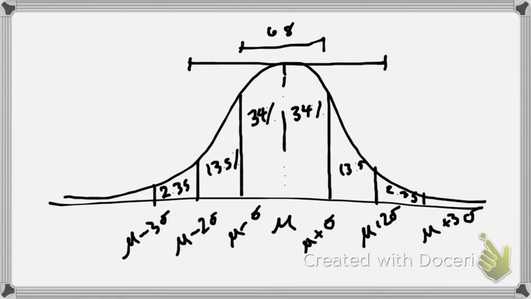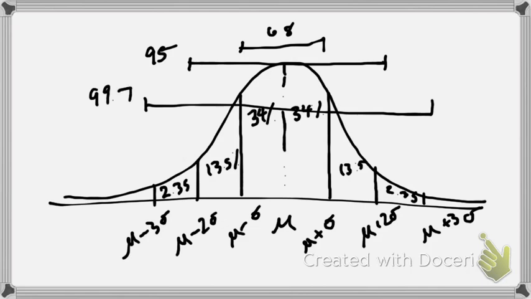This part right here makes up 95% of the data, and this part right here makes up 99.7% of the data. The other 0.3% that we haven't covered, so the 0.3% are when we're talking about these areas here, and those are called outliers.